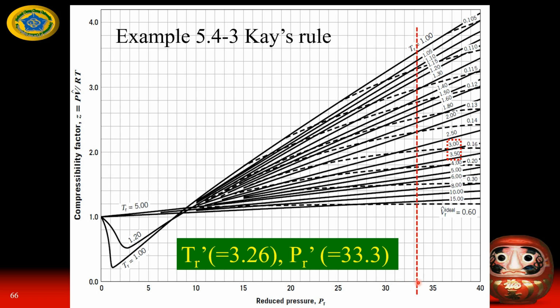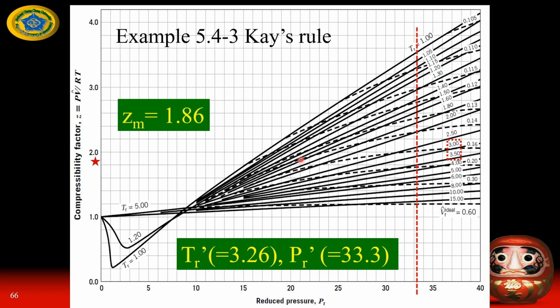And Tr prime is 3.26. The solid lines are 3.00 and 3.5, so it's somewhere between these two lines, somewhere around this point.